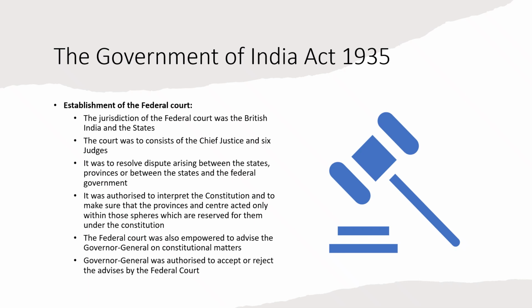The Federal Court was also empowered to advise the Governor General on constitutional matters. But here, once again, the Governor General was the supreme authority. The Governor General was authorized to accept or reject the advice given by the Federal Court. It was the sole authority and power of this person, the Lord Governor General.